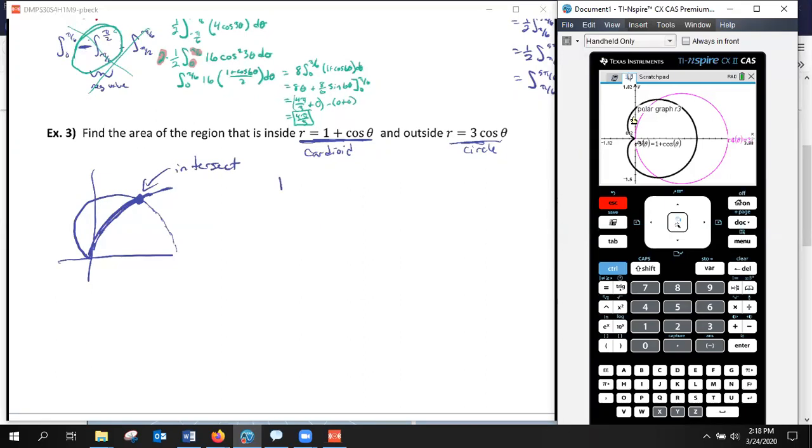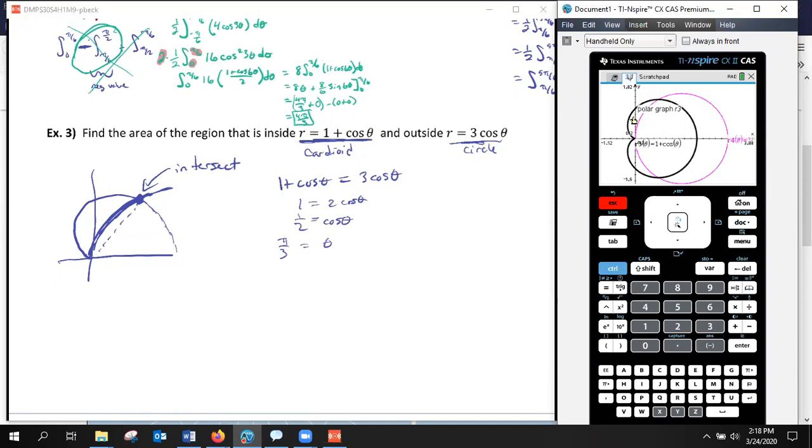The intersection is going to be when 1 plus cosine of theta equals 3 cosine of theta. So 1 would equal 2 cosine of theta. So cosine of theta is 1/2, which means theta is going to be at pi over 3, which based off of my drawing seems pretty accurate.